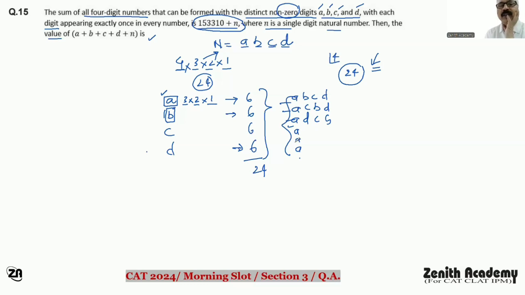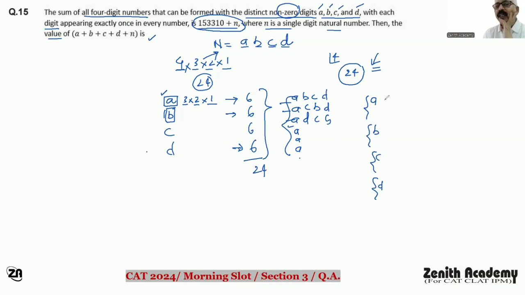Now you can notice one thing. You have to find actually the sum of all these 24 numbers. Right? Like A 6 times, B 6 times, C 6 times, D 6 times.